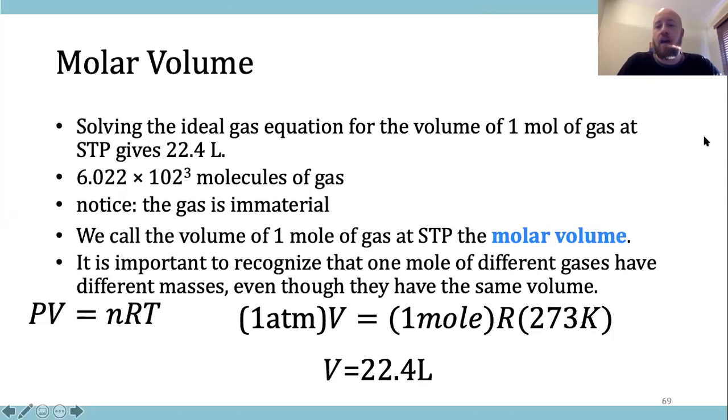So it doesn't matter if this is oxygen or xenon or chlorine, right? It's agnostic of what the gas is. Any gas at 1 atm, where we have 1 mole of the gas, they all have the same volume.